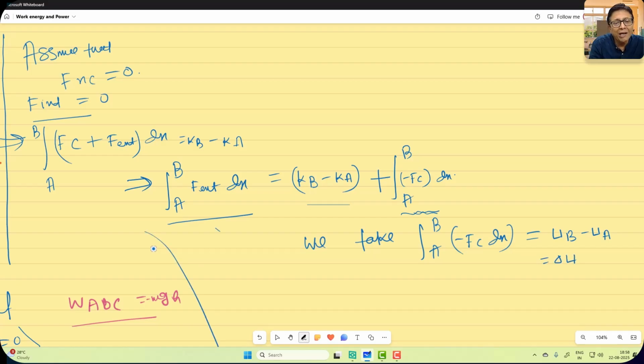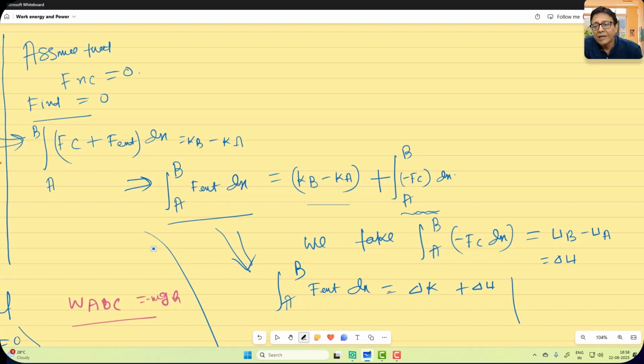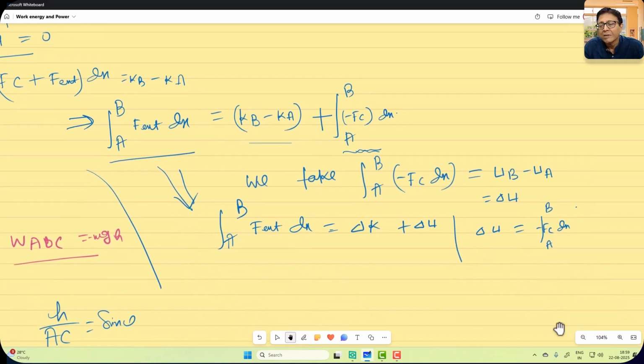So you can derive this equation now. Integral from A to B of F external dx will be delta K, change of K, plus delta U, where delta U is given by this thing, that is, minus Fc dx from A to B. Okay, that is change of potential energy.